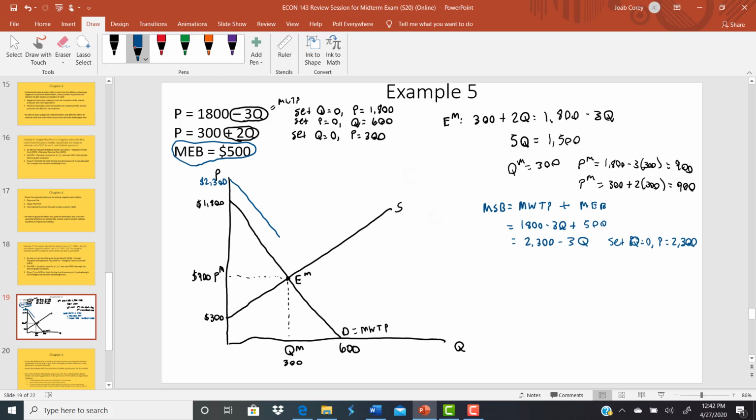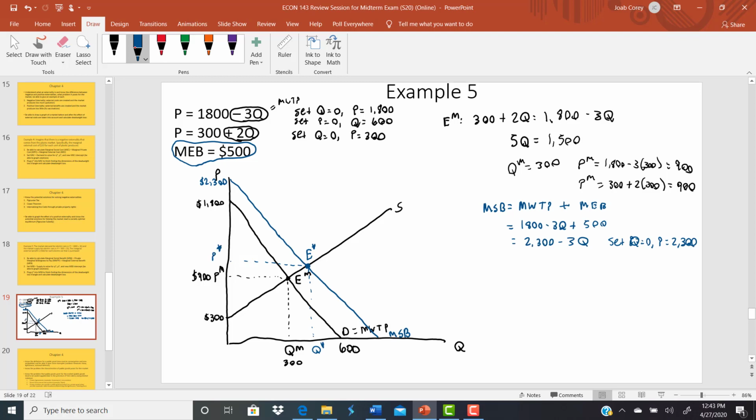So we have a new demand curve looking something like this. And this is now called our marginal social benefit curve, because we've added in those marginal external benefits. So where that intersects with the supply curve, that's going to be a socially optimal equilibrium of E star. That's going to give you Q star and our price P star.